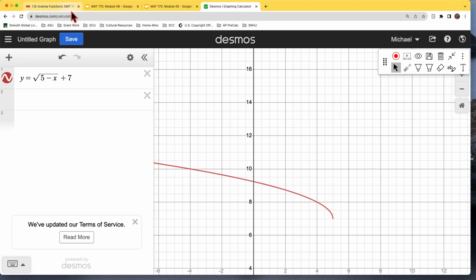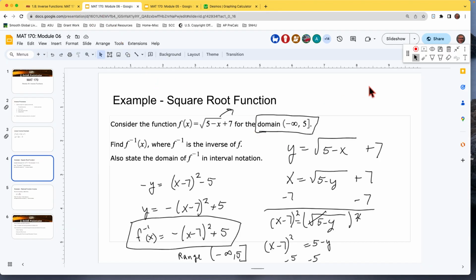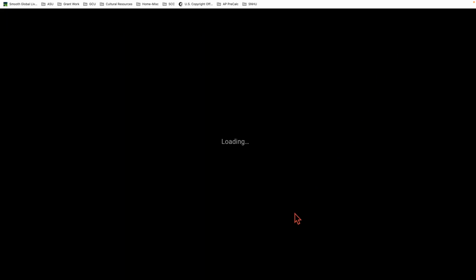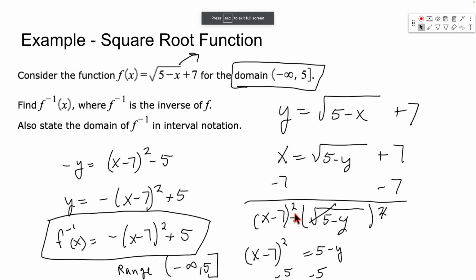And so when I come back here, I can say that the domain of this one is going to be 7, not negative 7, positive 7, to positive infinity.